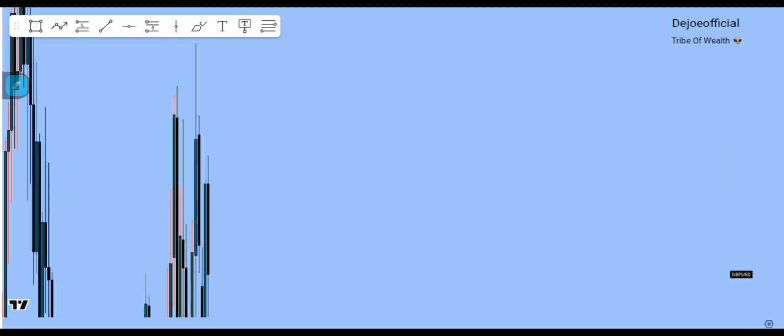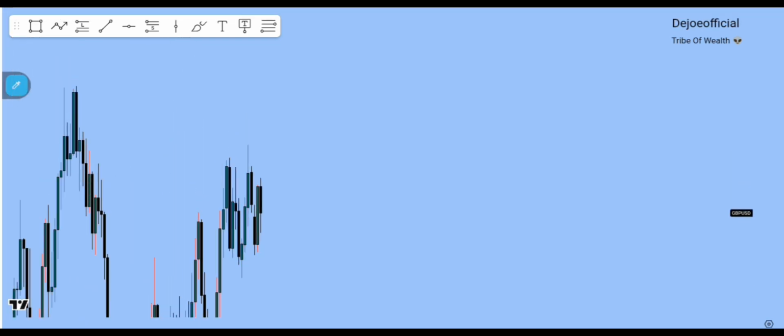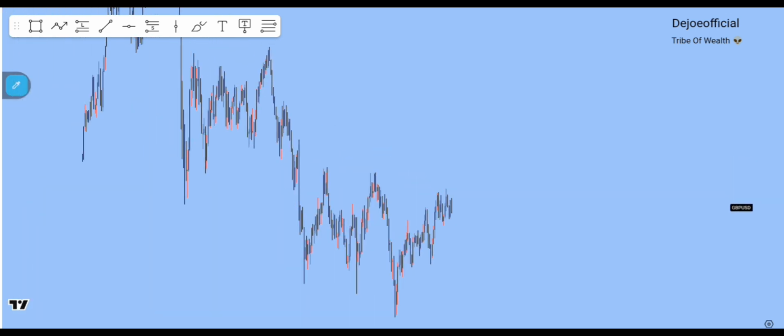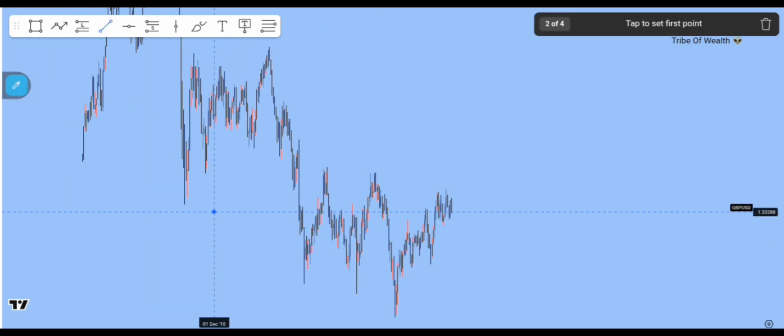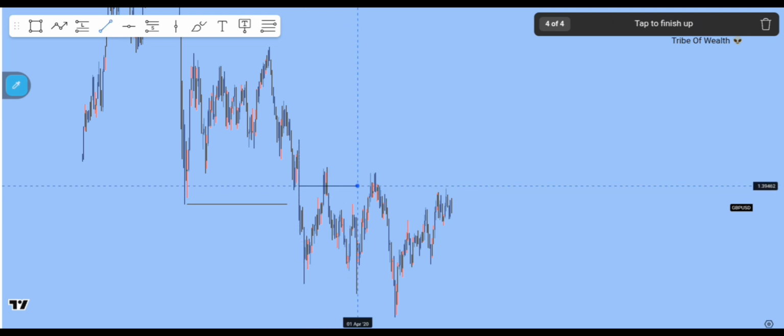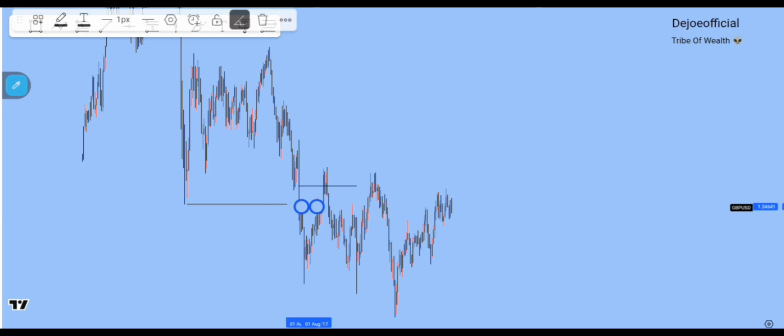So here on GBPUSD, as you can see, price has been bearish for a long time. After a break, price came to react from the nearest zone, which took out this particular liquidity here. Just a quick one.